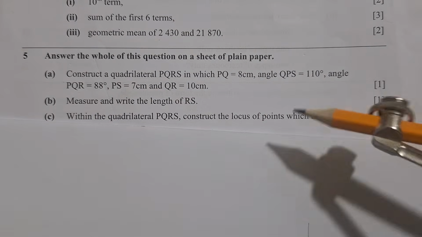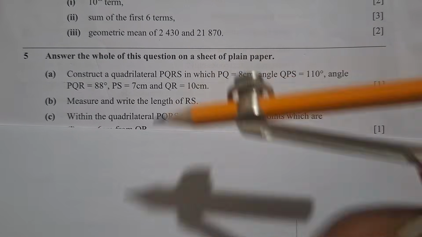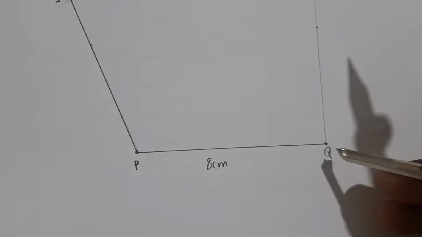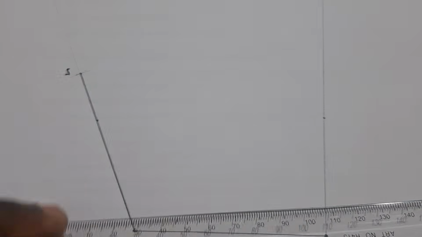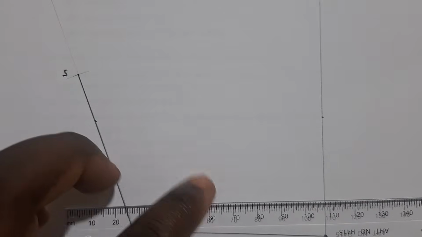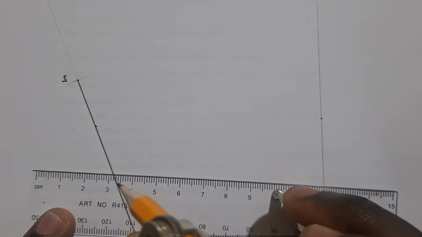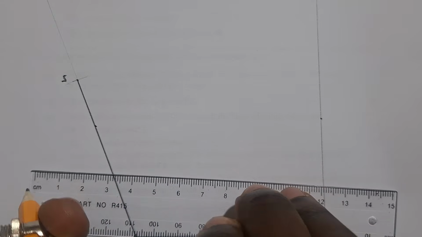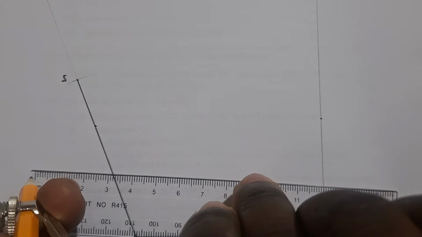And then after doing a faint line, you measure. They have said QR is 10 centimeters. So from this Q all the way to R must be 10 centimeters. So as usual, measure where 10 centimeters is. This is 10. Take it to 0 here. From 10 to 0, you can see it's right over here.